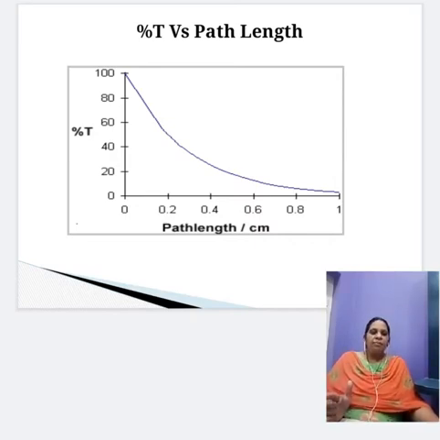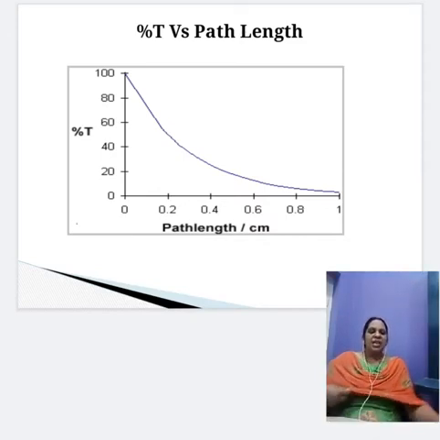Okay, when the thickness is more, absorption takes place. When more absorption takes place, what happens? The transmittance becomes less. Have you understood the relationship between percentage transmittance and path length?